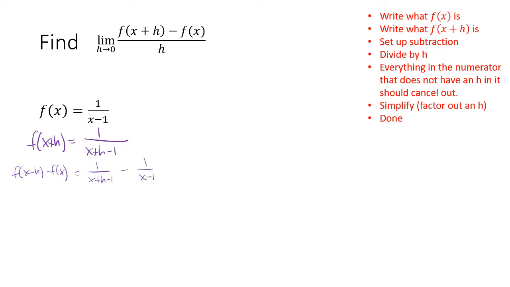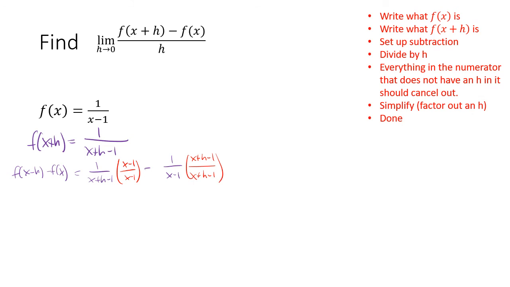We can only do this by getting a common denominator, right? So let me rewrite that with a little bit more space. We're going to have to multiply this by x minus 1 over x minus 1. And we're going to have to multiply this by x plus h minus 1 over x plus h minus 1.